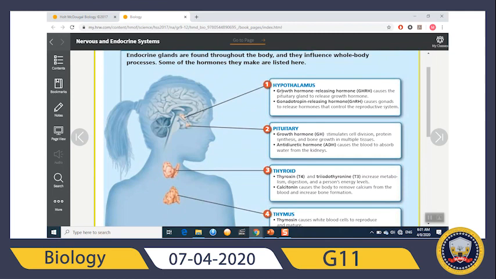Now, the hypothalamus is responsible for production of growth hormone releasing hormone, GHRH, which causes the pituitary gland to release growth hormone, and the growth hormone is responsible for body development.